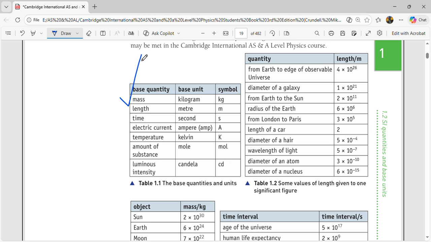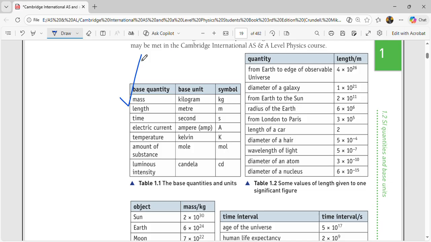So now there are some values they estimate for the base quantities, like mass, length, and time. These ones are standard values that you may not need to memorize. Like for example, the mass of the sun.